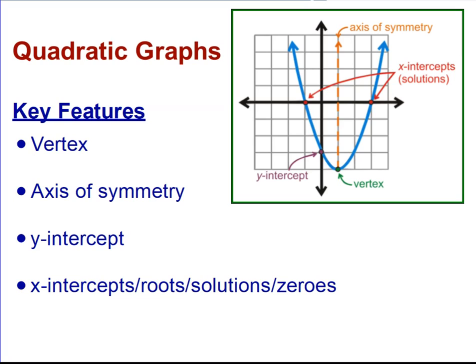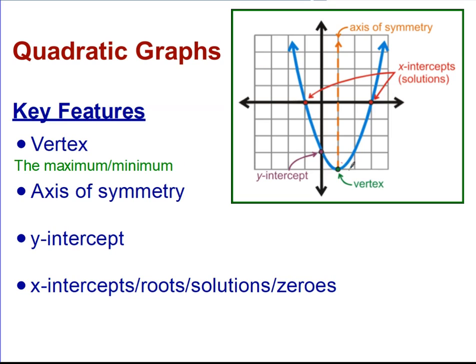We're also going to talk about some other key features of quadratic graphs. These are kind of important. These are the main thrust of what we're going to be talking about in this lesson. So if I look at a quadratic equation, I've got 4 main features that I really want to focus on. The first one is the vertex. The vertex is the maximum or minimum. Okay, it is the highest or lowest point of a quadratic equation.